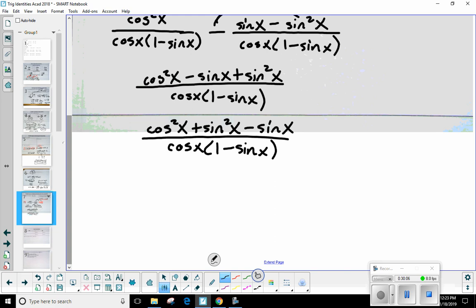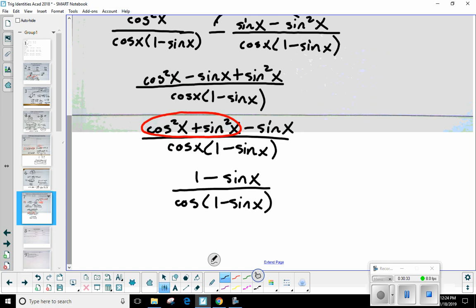Okay, there's nothing wrong with doing that. But the reason I did so is because it's easier for people to see that. This is what Lexi and Brandon were talking about. What is cosine squared plus sine squared? That's 1. So if I replace that with 1, I've still got the 1 minus sine of x over cosine of 1 minus sine of x.